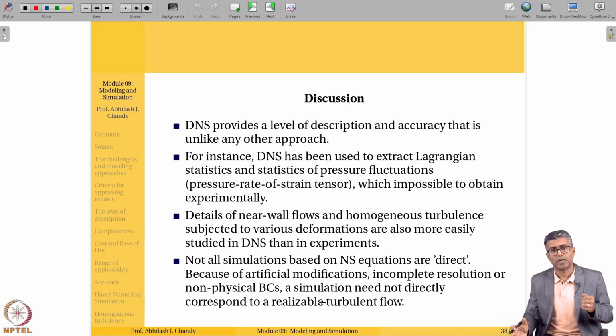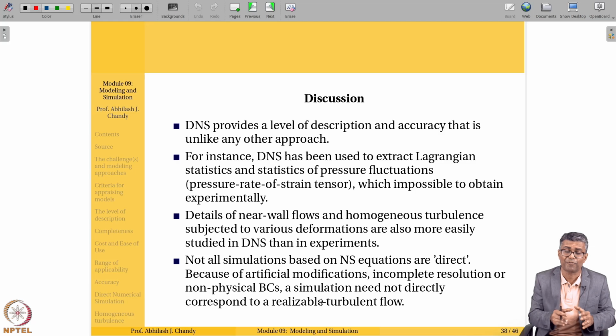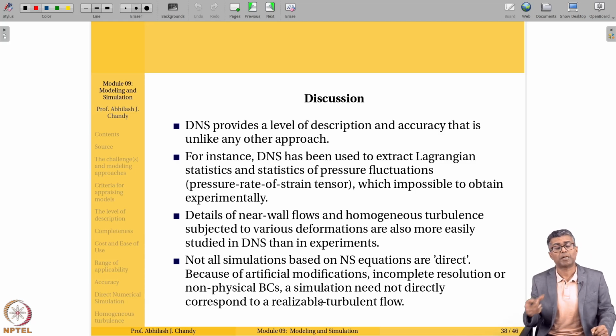For example, DNS can be used to extract any kinds of statistics, even Lagrangian statistics, because you have information at all points in space at all times. So that means you can extract Lagrangian statistics as well. You can extract two-point correlations. You can extract rate of strain tensors. Anything is possible using DNS calculations because of the amount of information that is already available.